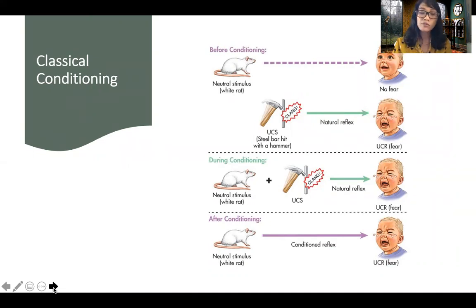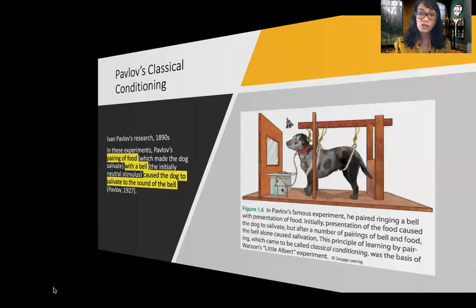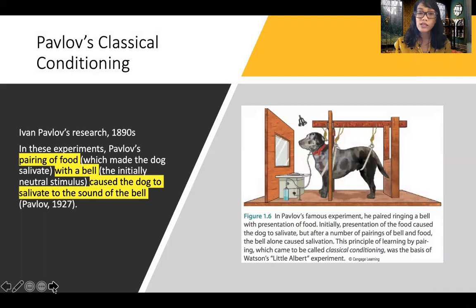When we recall from the general psychology class, Watson's inspiration for his experiment was Pavlov's research in the 1890s, which demonstrated classical conditioning in dogs. Pavlov paired food with a bell, causing the dog to salivate to the sound of the bell.